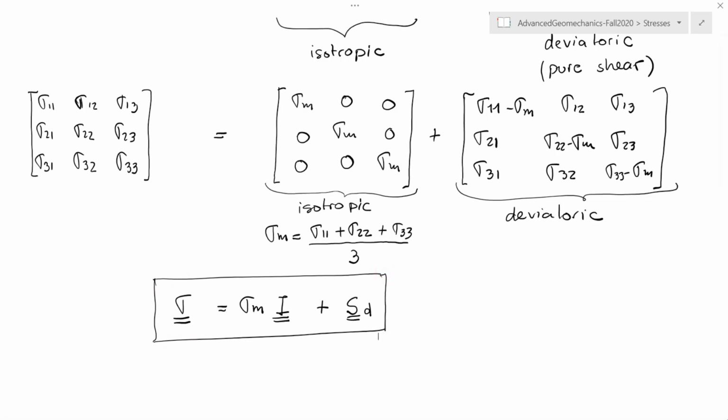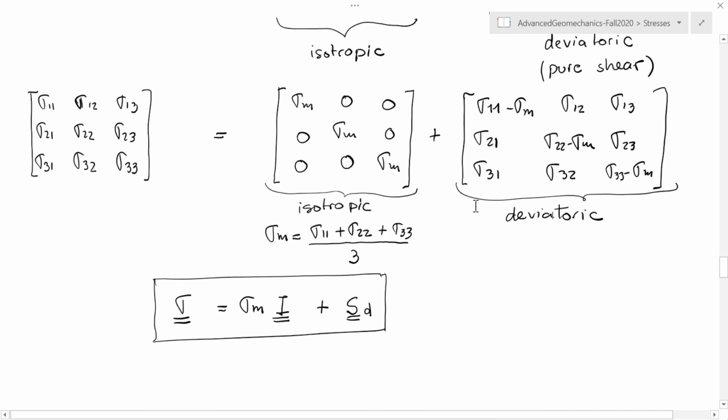So now that we have these two stress tensors, let's go a little bit further into trying to obtain just one value which is going to characterize the isotropic stress tensor and one value that is going to characterize a deviatoric stress tensor.